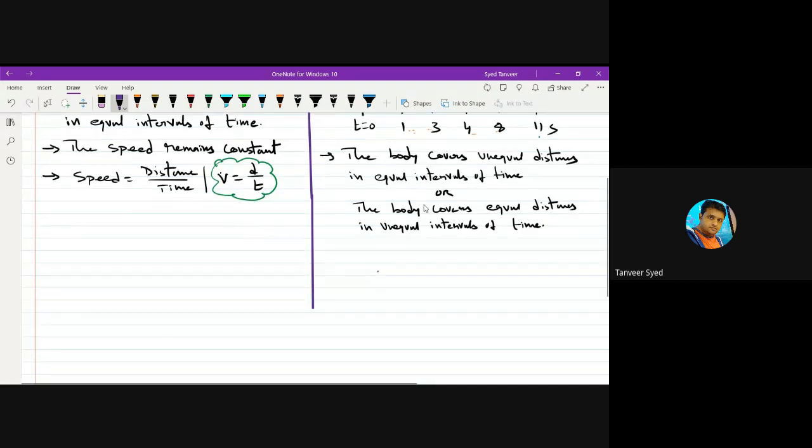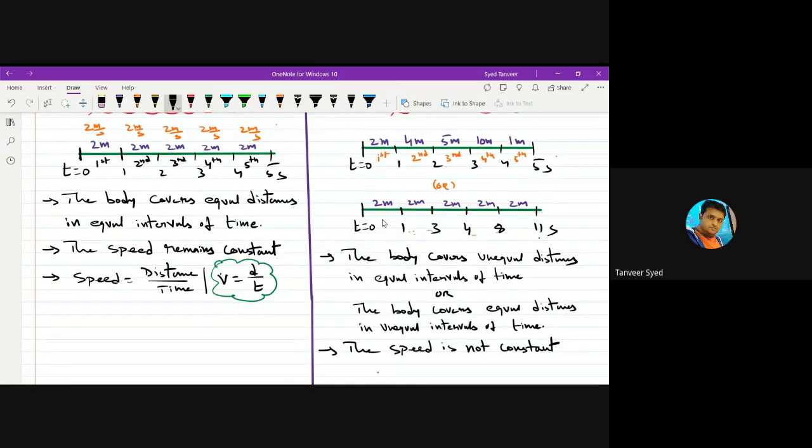If speed is same, it cannot go like this. So here, the speed of the body is not constant. Then only it will move like this.